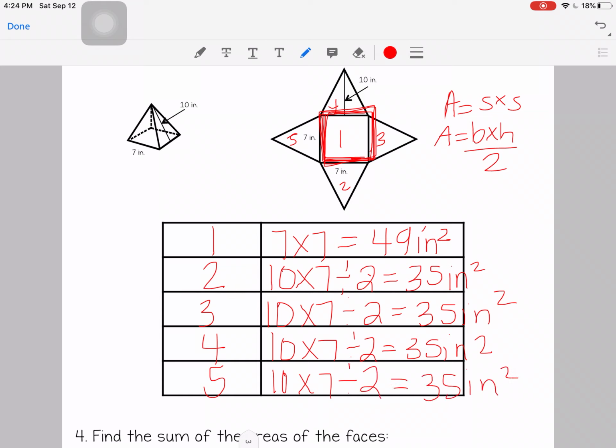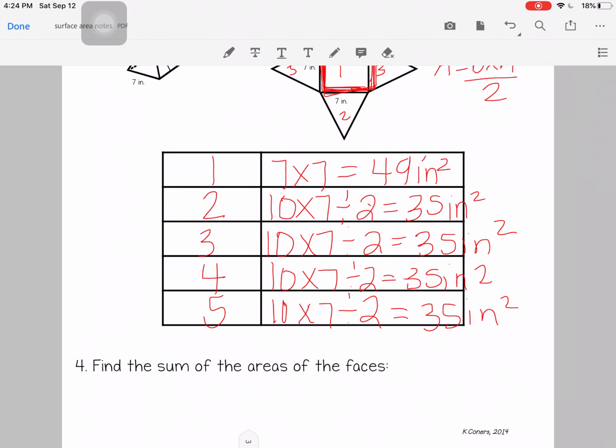Okay, simple as that. 4 triangles that measure 35 inches squared, and then I have my base that's 49 inches squared. So then I find the sum of the area of the faces.